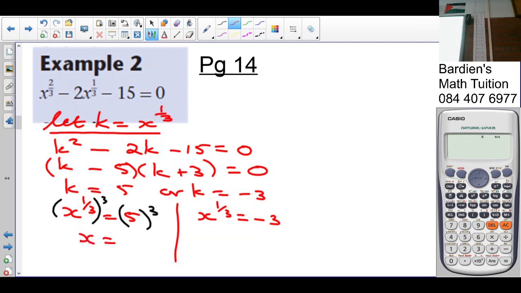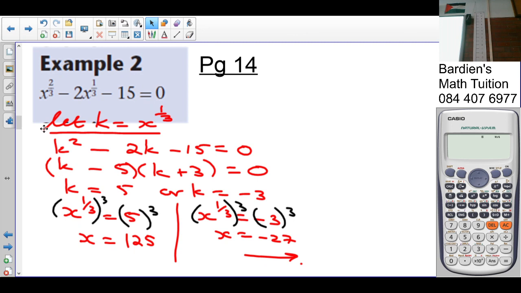So x is equal to 125, and x is equal to negative 27. Okay. Any problems there? No.